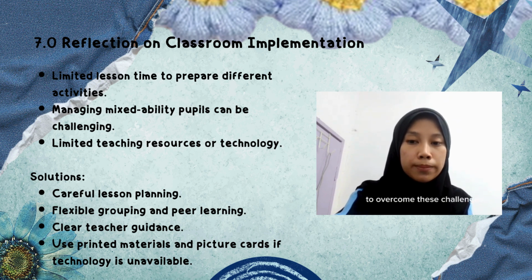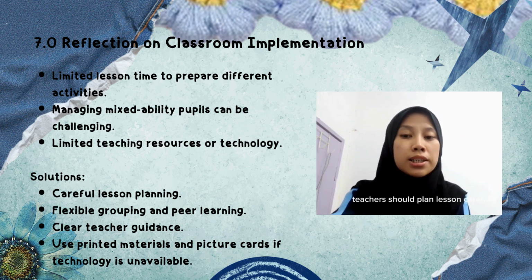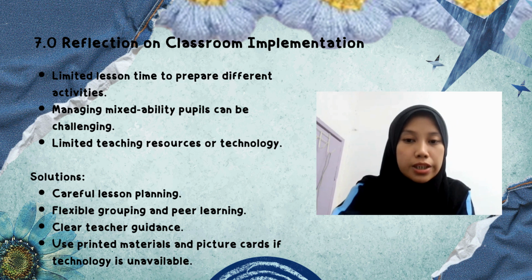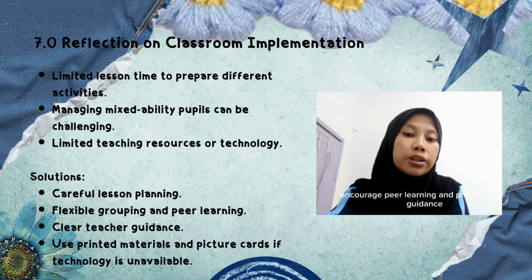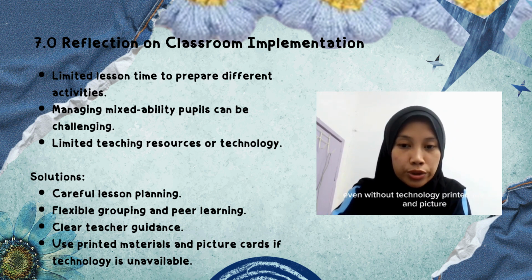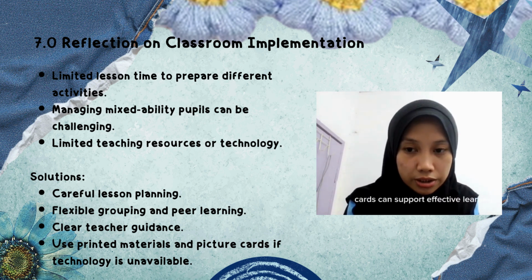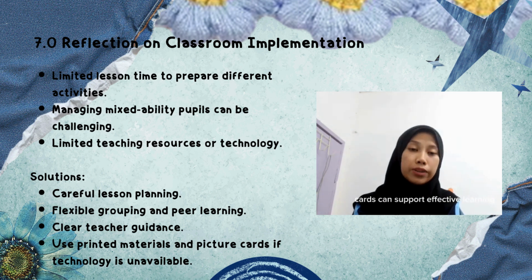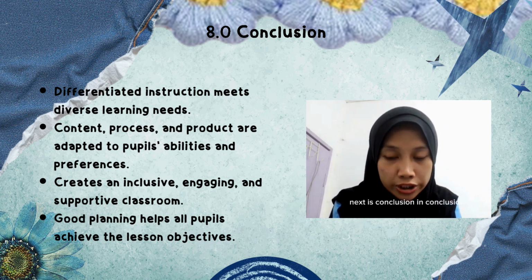To overcome these challenges, teachers should plan lessons carefully, use flexible grouping, encourage peer learning, and provide clear guidance. Even without technology, printed materials and picture cards can support effective learning. Next is the conclusion.